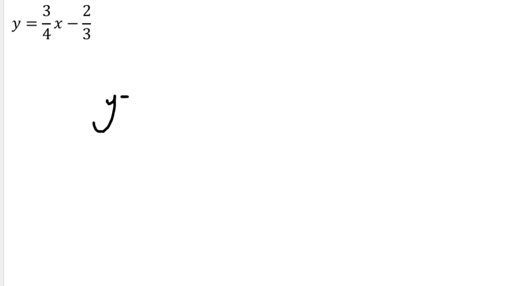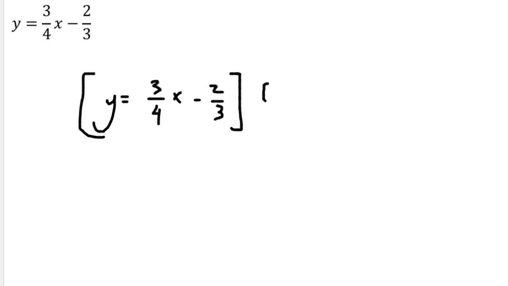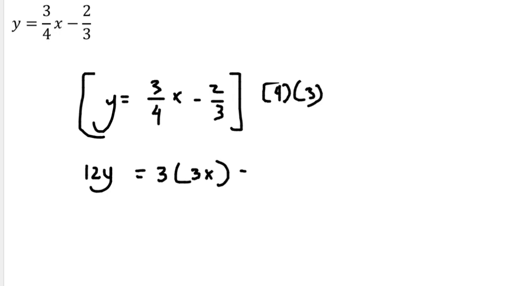y equals 3/4 x minus 2/3. How do we solve this problem? How do we transform this? We're just going to use the LCM of the denominators. With 4 and 3, that's going to be 12.